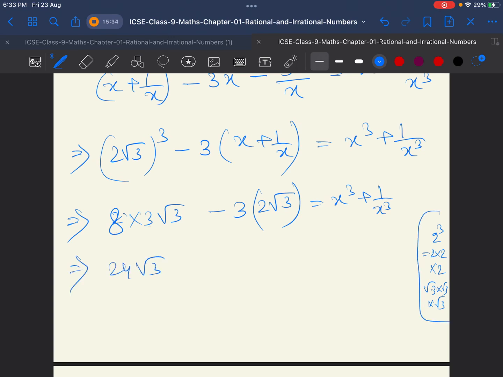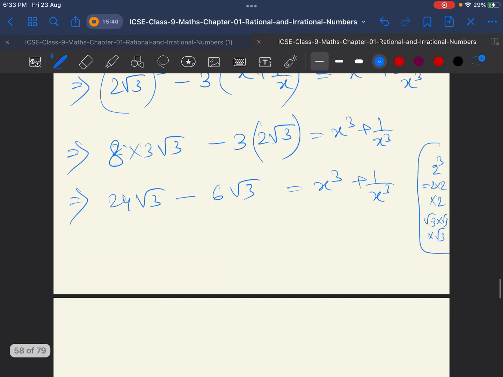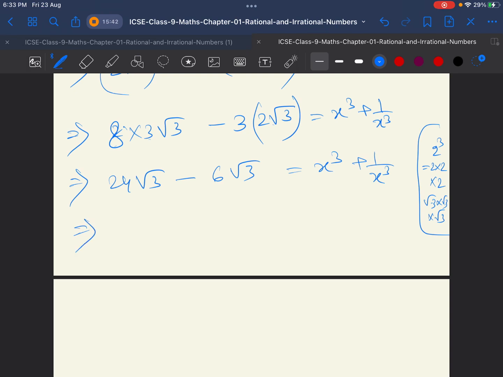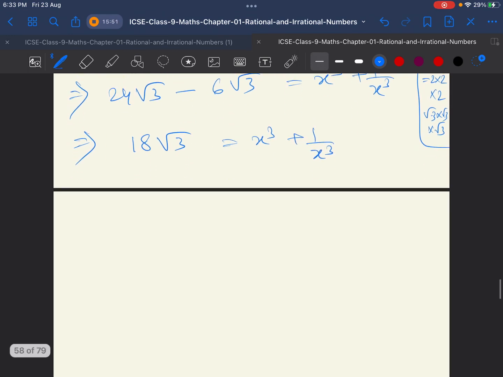So this is 24 root 3 minus 3 into 2 root 3, 6 root 3, equals x cube plus 1 by x cube. This is 18 root 3 equals x cube plus 1 by x cube.